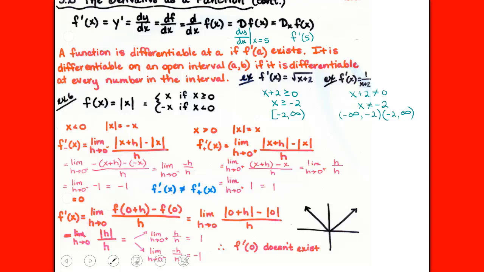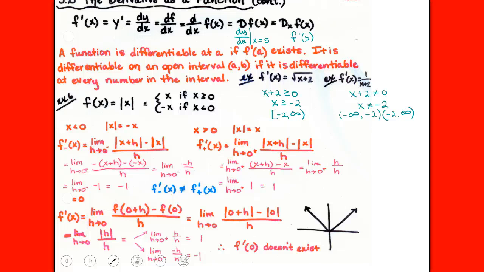All right, look at example 6. Page 141, example 6. It says, where is the function f of x equal to the absolute value of x differentiable? So we're going to break this down and analyze this a little more thoroughly than what we were just doing, because absolute value, as we know, is a piecewise defined function.